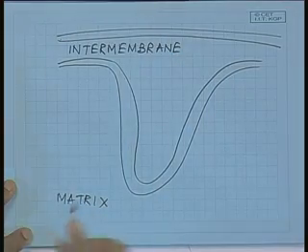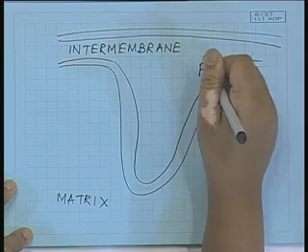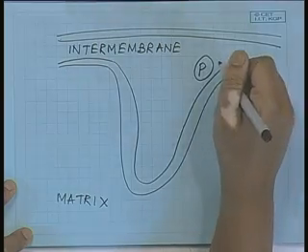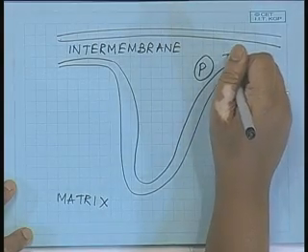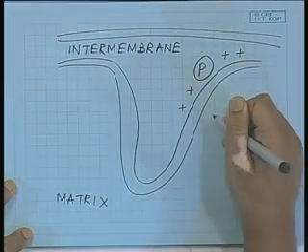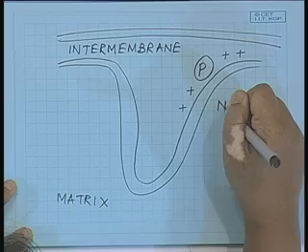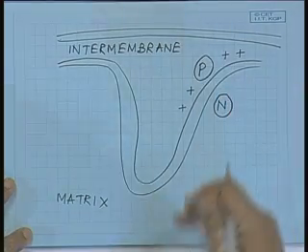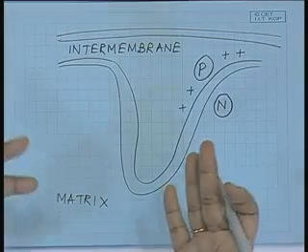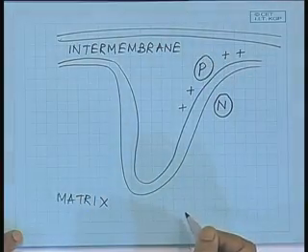Here I have a positive charge, which means I have a larger number of protons here. In the matrix, I have what is called the N side. It is very difficult to mention an inside and an outside here, because all of this is actually inside, but this is intermembrane and this is matrix side.